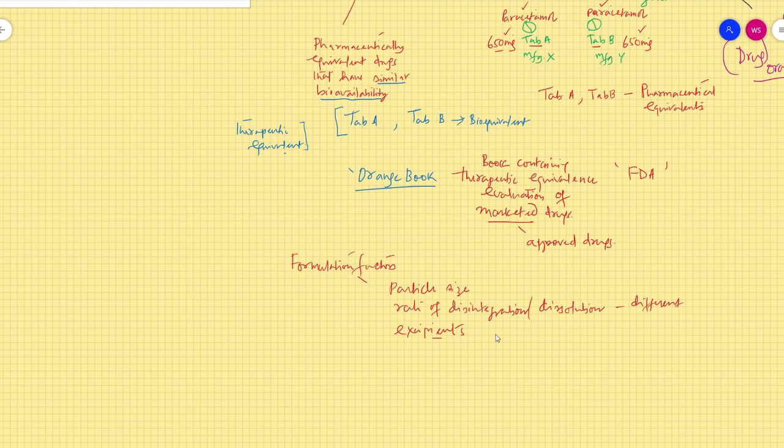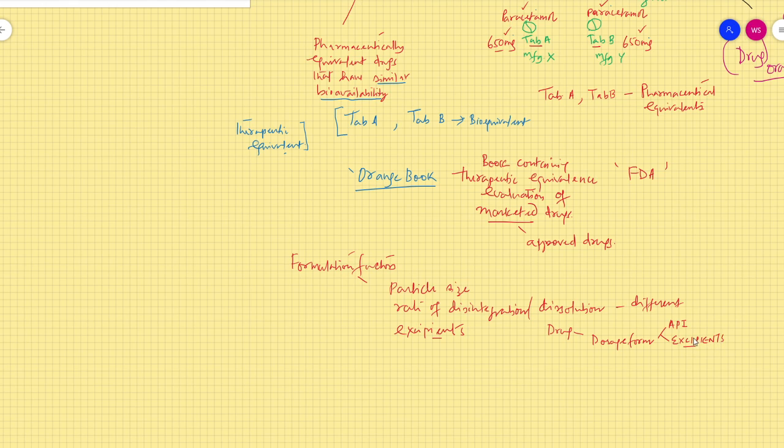So what are excipients? We've got the drug, and the drug is made into a dosage form. And this dosage form is made up of the API, which is the active pharmaceutical ingredient, and excipients.